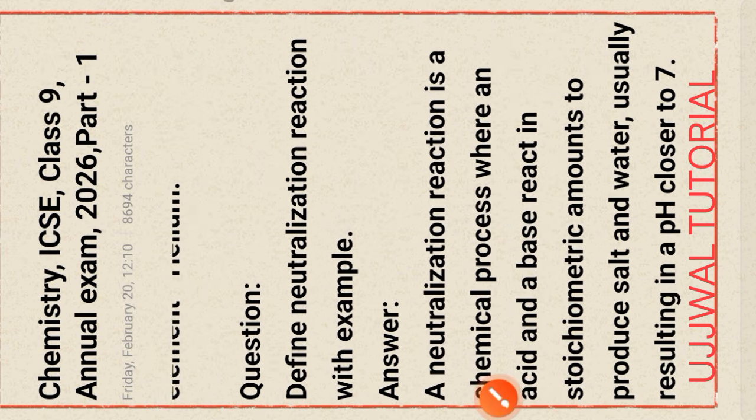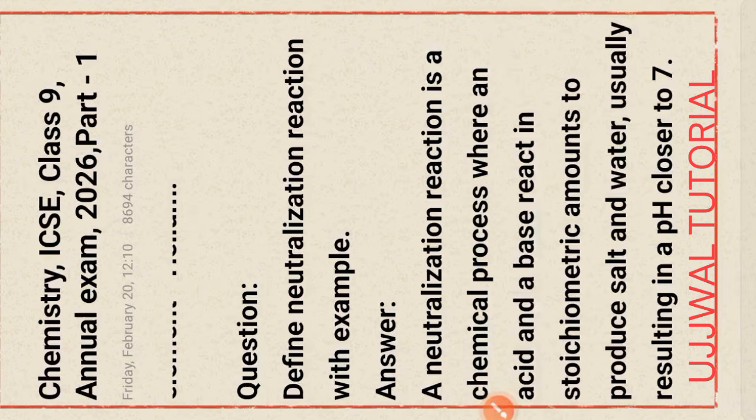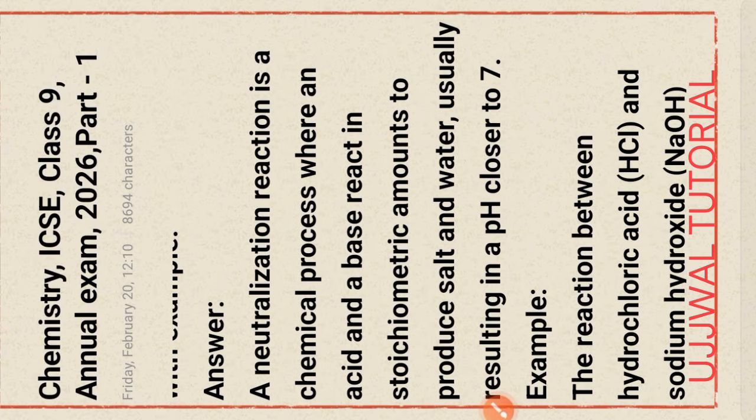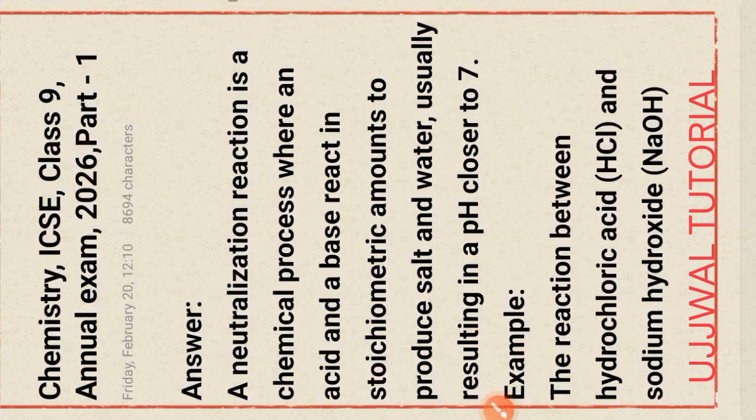Next question: define the neutralization reaction with an example. A neutralization reaction is a chemical process where an acid and a base react in stoichiometric amounts to produce salt and water, usually resulting in a pH closer to 7.